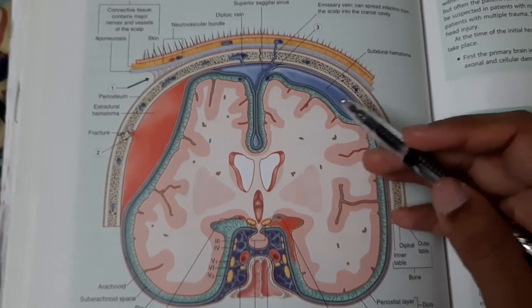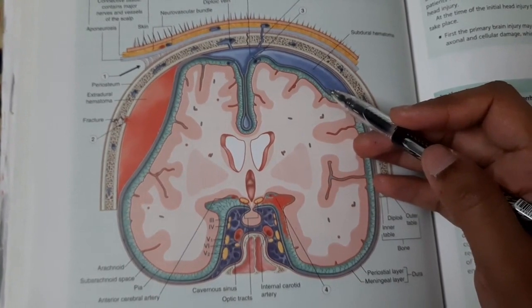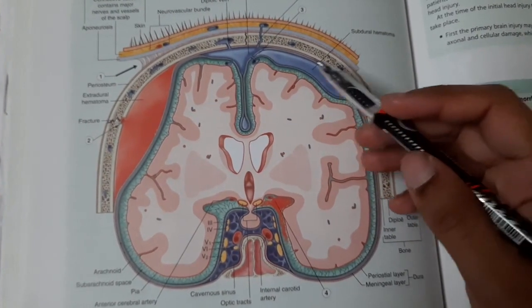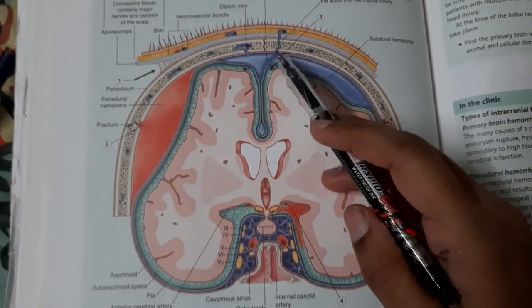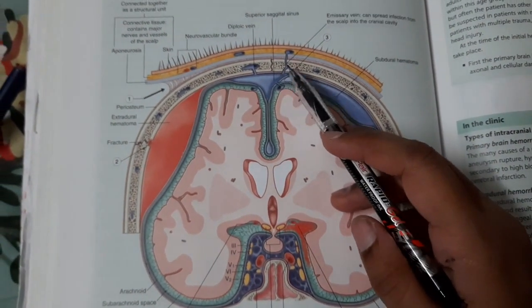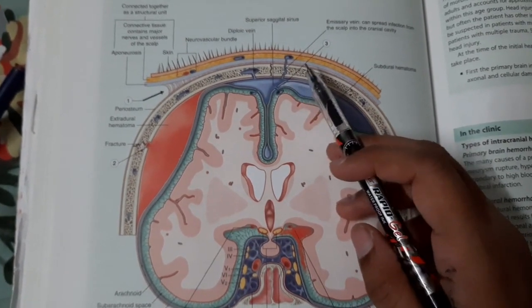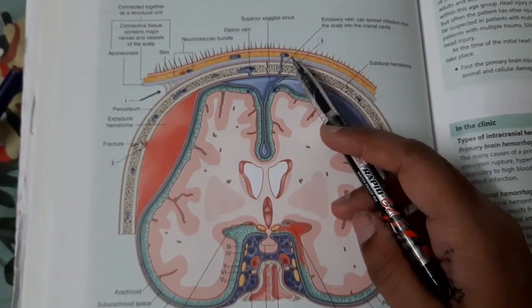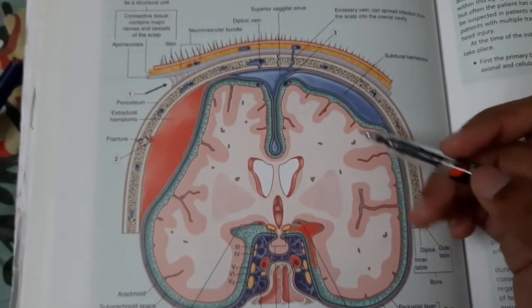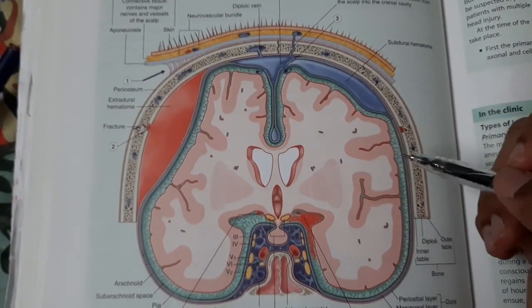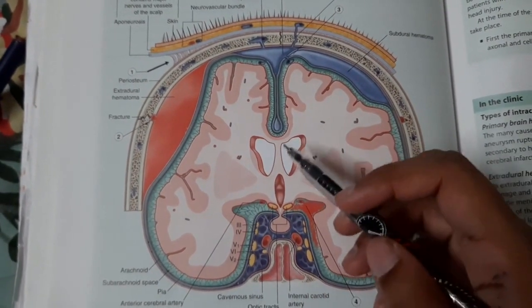This subdural hematoma is mainly formed due to the rupture of bridging veins, which connect the loose connective tissue to the sinuses. That is subdural hematoma. And this is the ventricles.